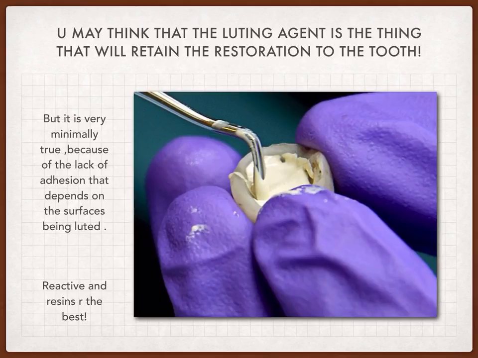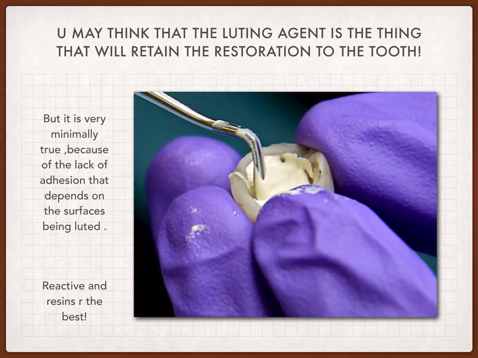So now you may think that the luting agent is the major part in the retention procedure of the restoration to the tooth structure. But actually that is not true. That is not true at all.